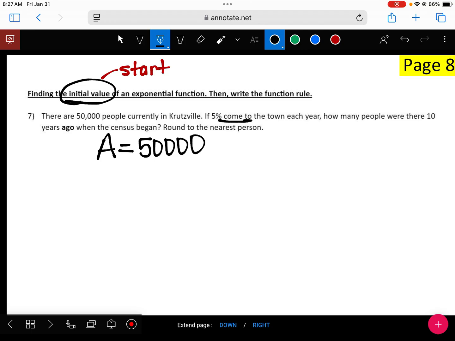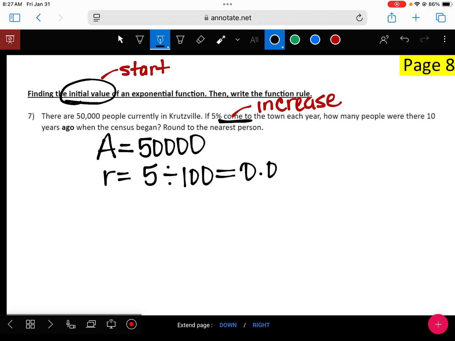If 5% come to town, which means it is increasing at a rate of 5%. So R is 5 divided by 100. Go ahead, pick up your calculator, see what you get. You should get 0.05.